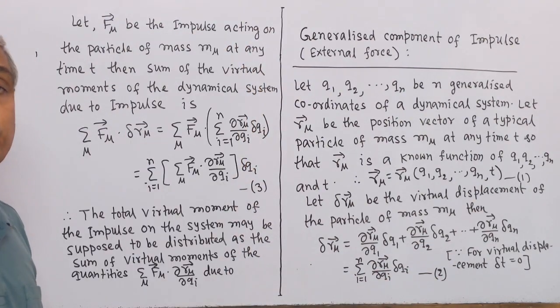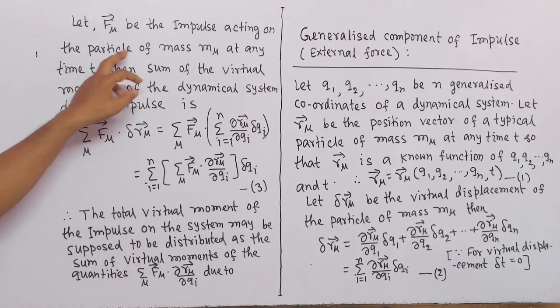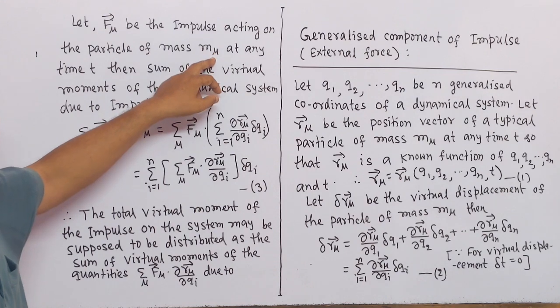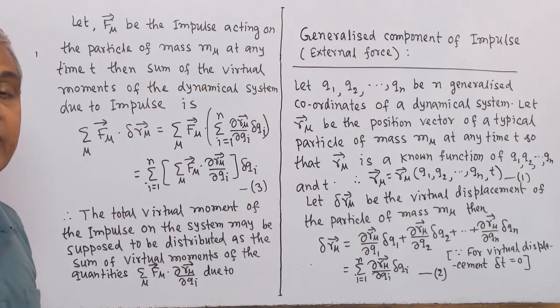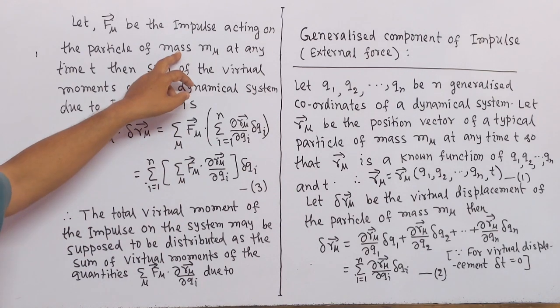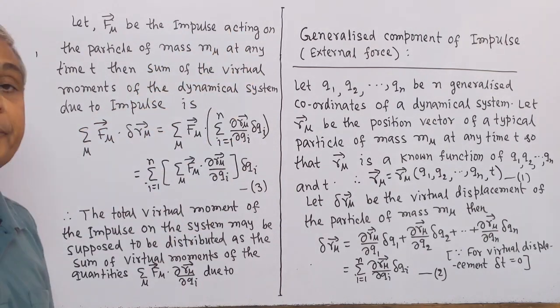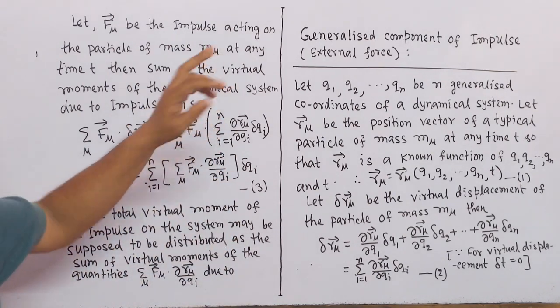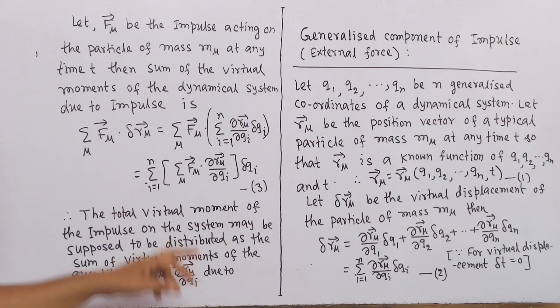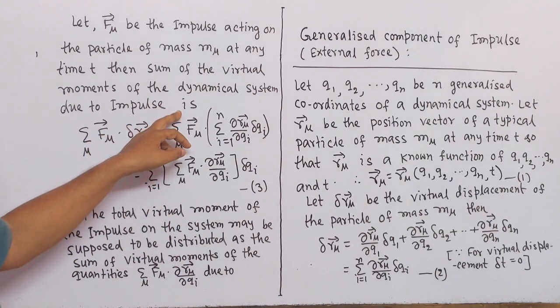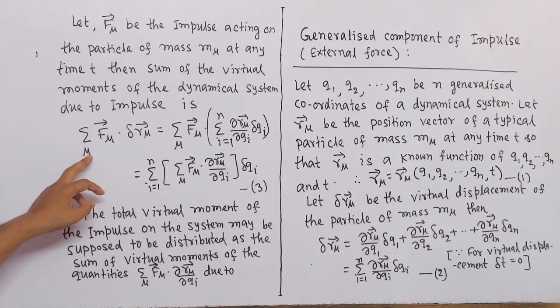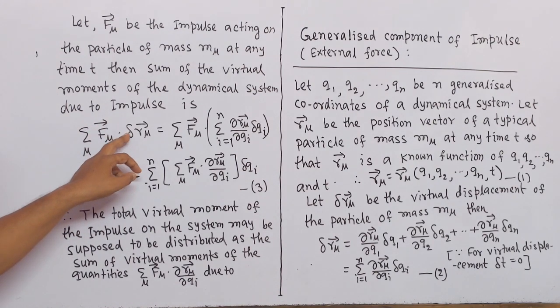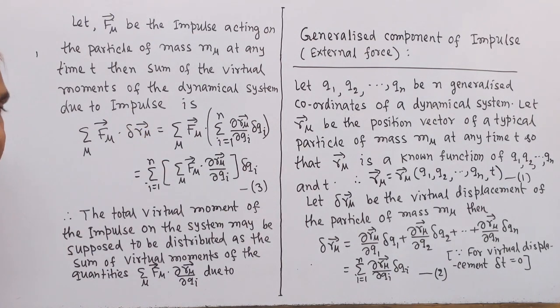Let f mu vector be the impulse acting on the particle of mass m mu. Impulse means external force acting on the particle of mass m mu at any time t. Then the sum of the virtual moments of the dynamical system due to impulse is sigma mu f mu vector dot virtual displacement vector.